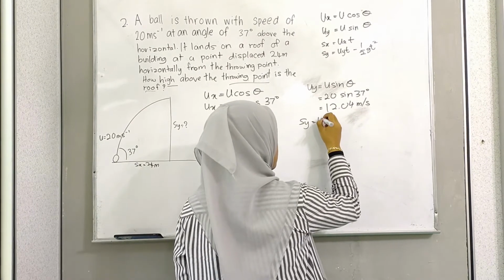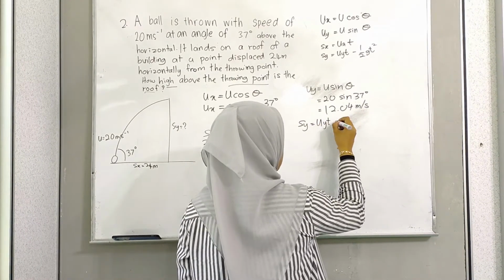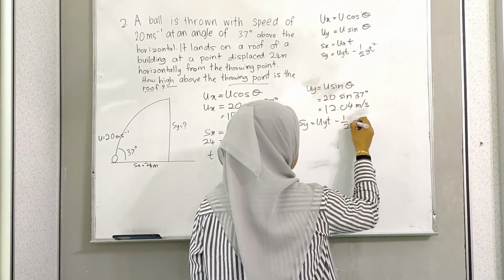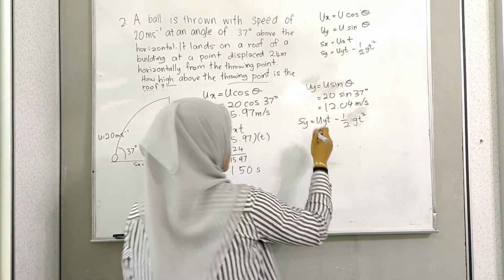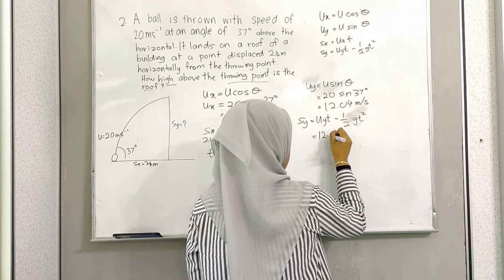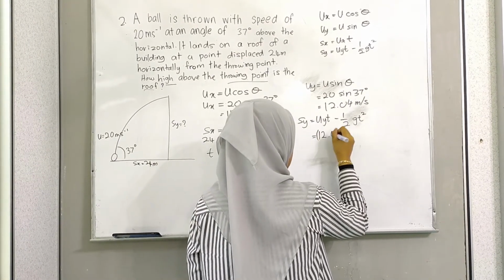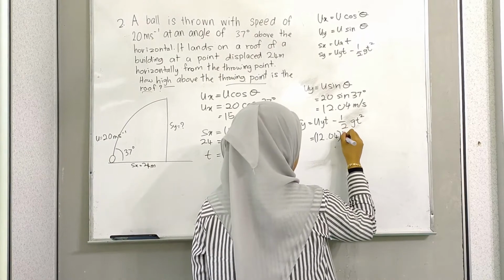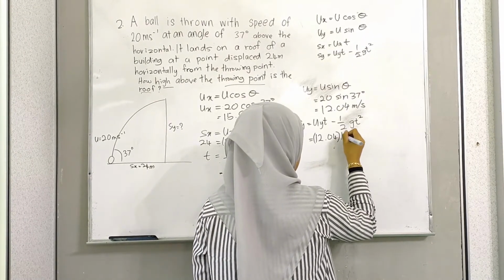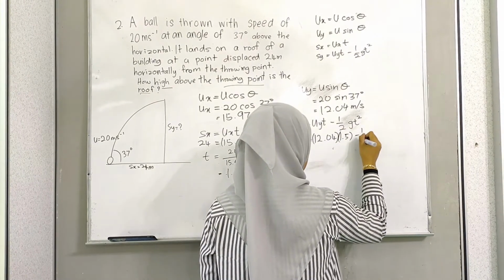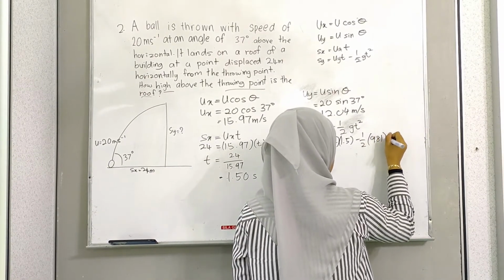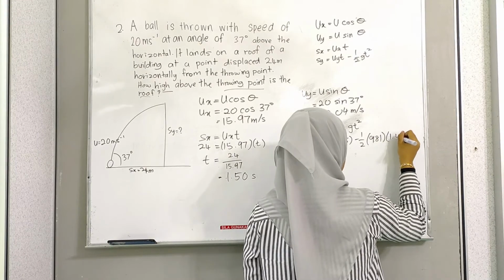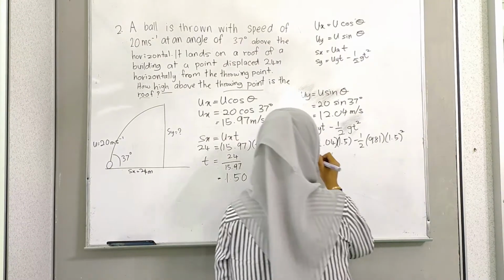So after we get the time taken, we can find the sy equal to uy t minus 1 over 2 gt squared. Uy is 12.04, t is 1.5, minus 1 over 2, g is 9.81, t is 1.5 squared.